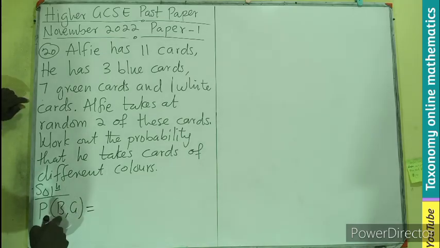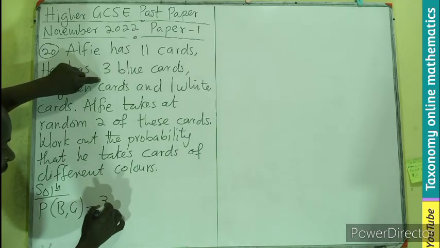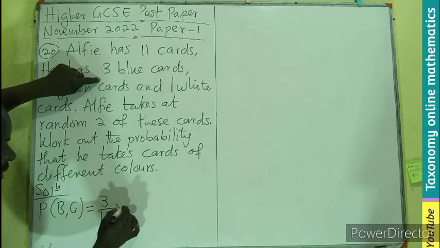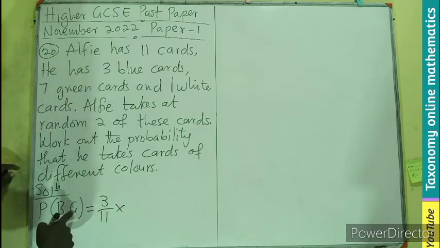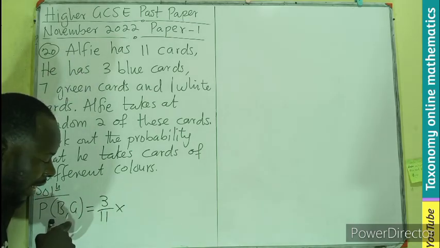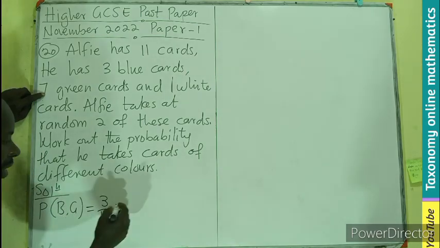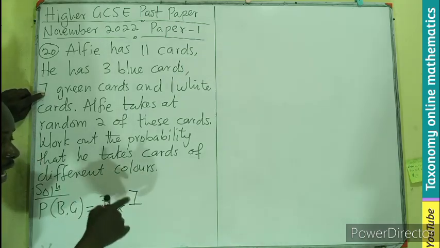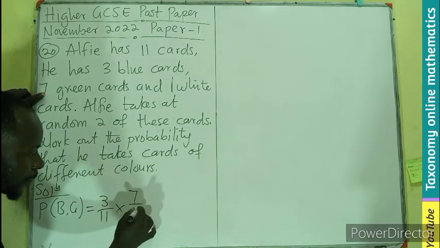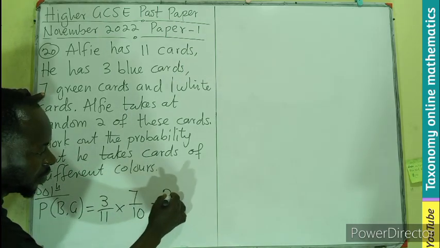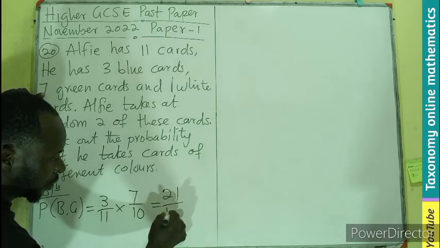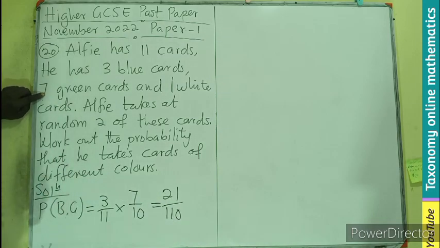So blue will be 3 out of 11. Then if I pick blue and I'm going to pick green again, the green will remain the same because the total number will still be 7. Then the total of all will reduce to 10. And that will give us 21 out of 110.